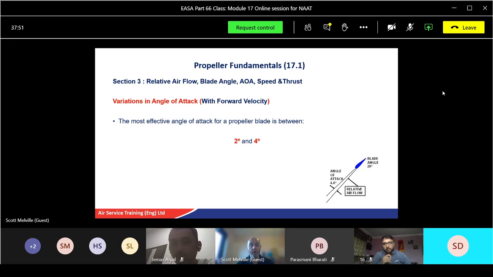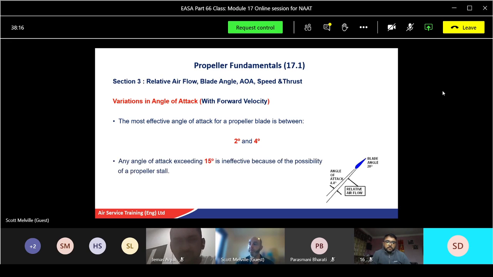That number is also the same as, remember back in aerodynamics, your angle of incidence, where the wing is attached to the fuselage. It's also a positive angle of attack, which is about, again, 2 to 4 degrees. Strangely enough, with a propeller blade, it's also about 2 to 4 degrees. Okay, so most effective angle of attack, all dependent on engine speed, but a basic one is 2 to 4.